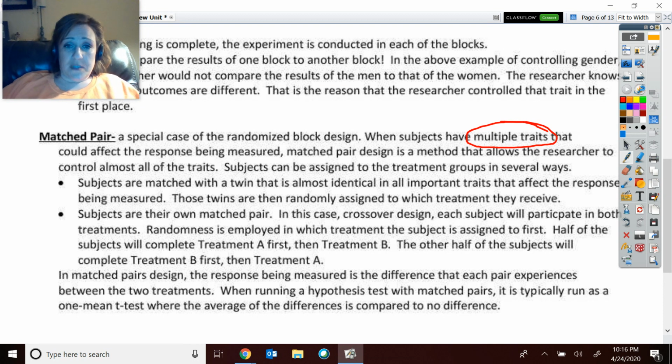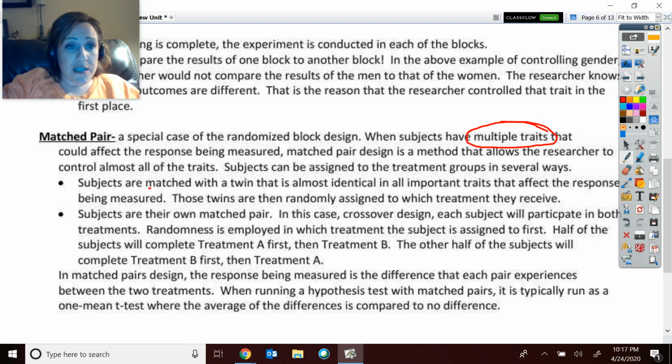Okay, so we're doing the gas mileage and where people drive, the kind of vehicle people drive, the way in which they drive, if they're lead-footed, if they're highway drivers, city drivers, so many different things that contribute to the gas mileage, okay, that we might want to do a matched pair. All right, now, so those subjects will be paired, and there's two kinds of matched pair.